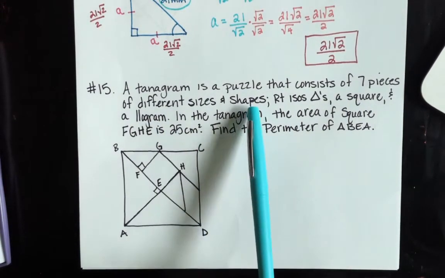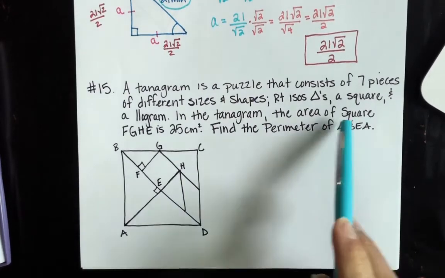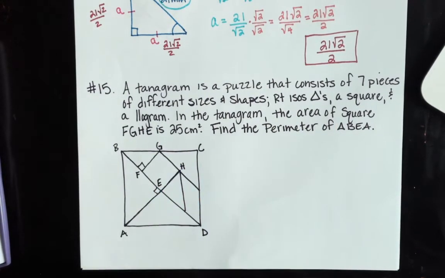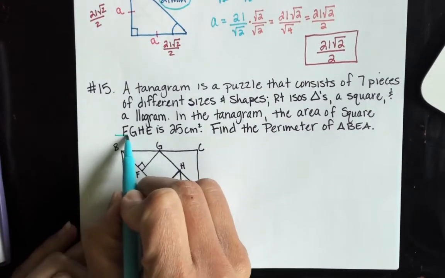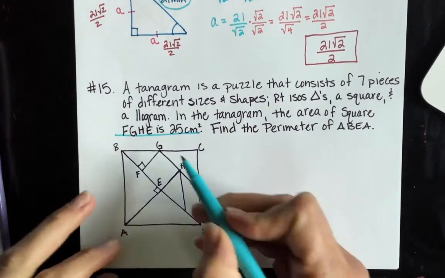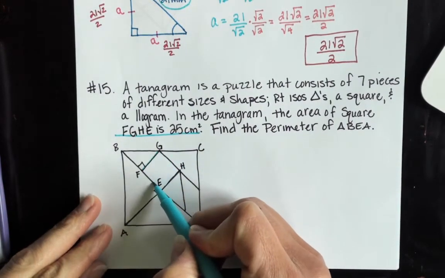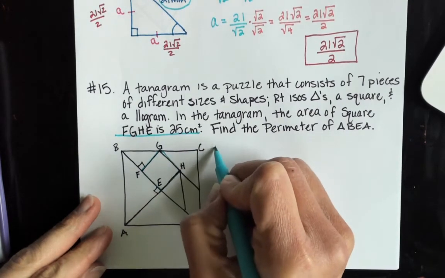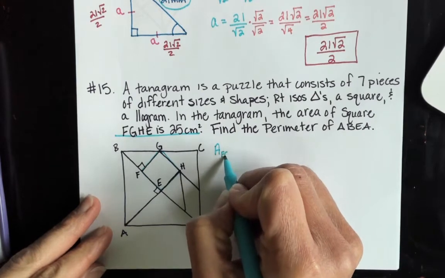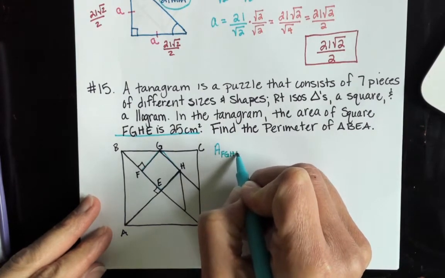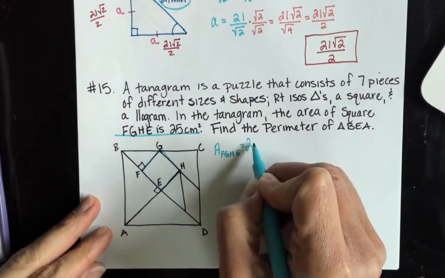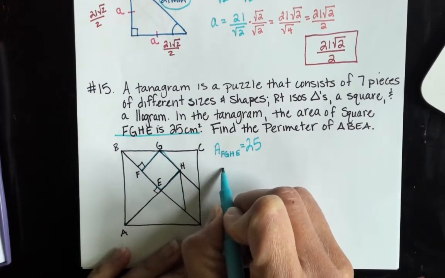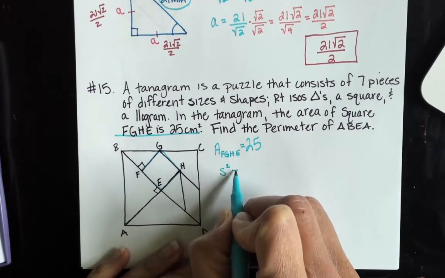The idea here is that we do have a square, and it tells us that the area of FGHI, so that square, is 25. So when I look in here, this square has an area of 25. And what we're supposed to remember is that our area formula is really something squared.